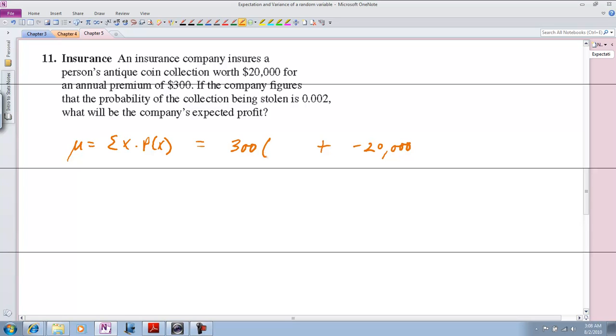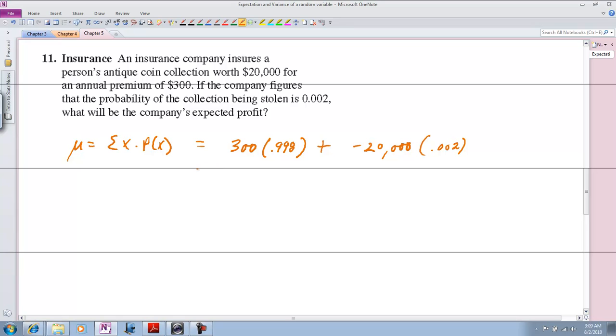They expect this to happen, that it gets stolen, 1/5%, 0.2% of the time. Okay, 0.002. So that means 99.8% of the time they expect it to be safe.